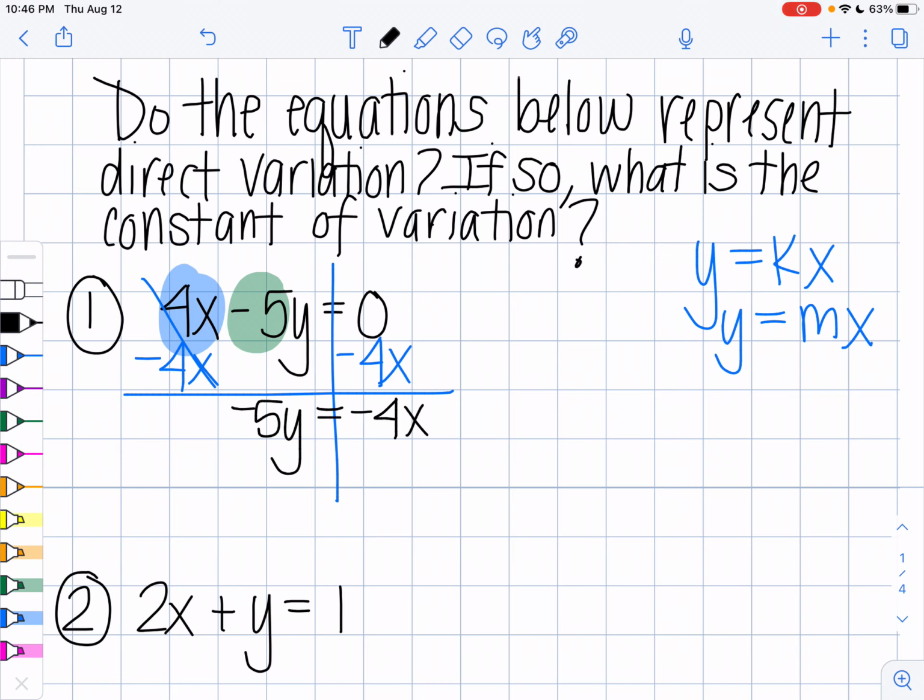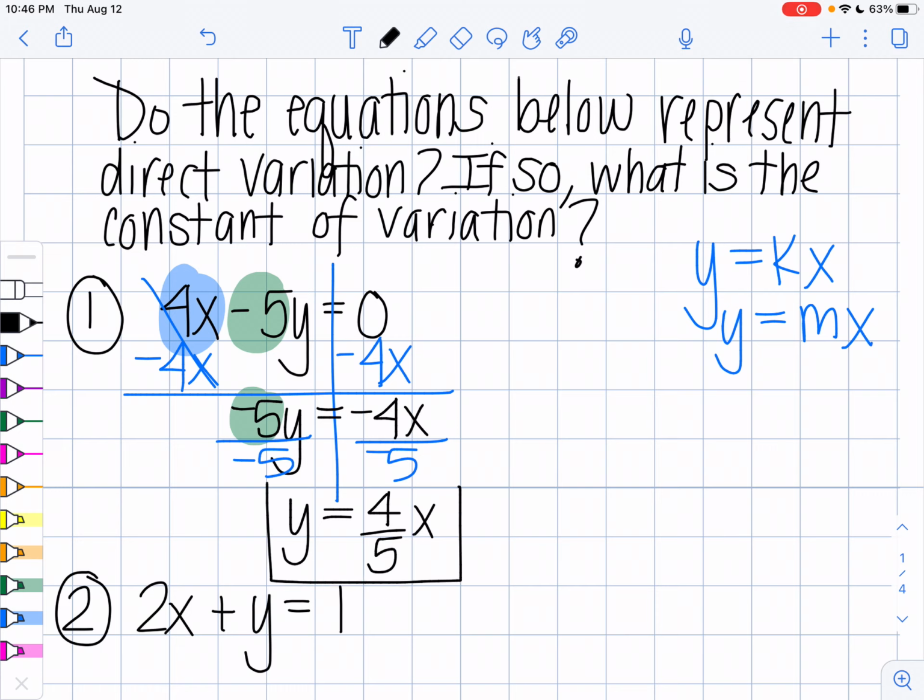Now I have to get the y on a side by itself, so I have to get rid of this negative 5. Remember, this says negative 5 times y, so to undo multiplication, we have to divide. So I'm going to divide both sides by negative 5, and I end up with y equals, now, negative 4 divided by negative 5 is positive 4 over 5 x.